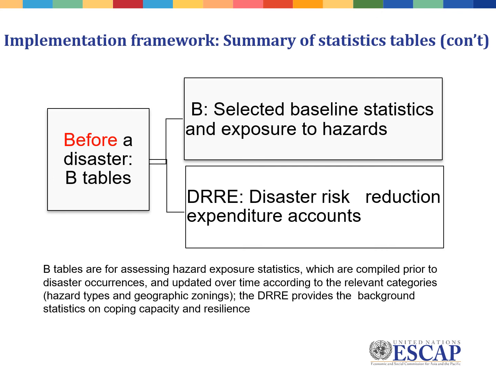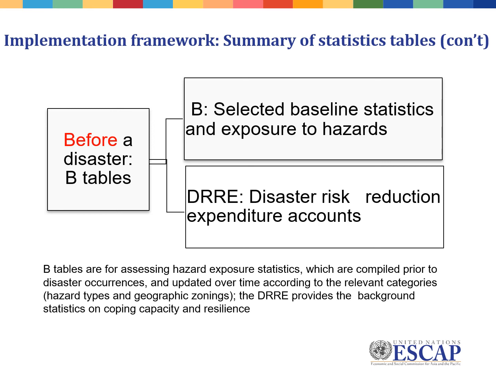So this slide provides the information that if you use the DRSF, these tables can be produced. Like, for example, this slide shows the summary of statistics table that are recommended for compilation before a disaster.